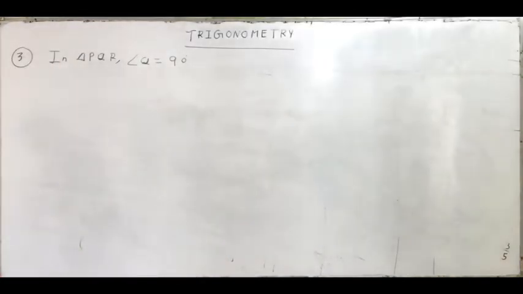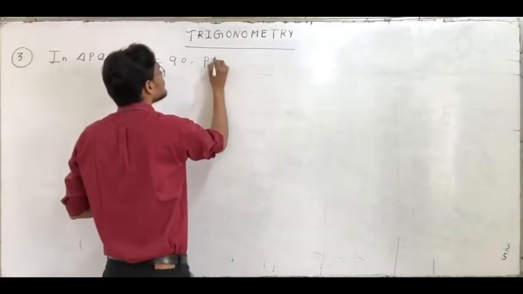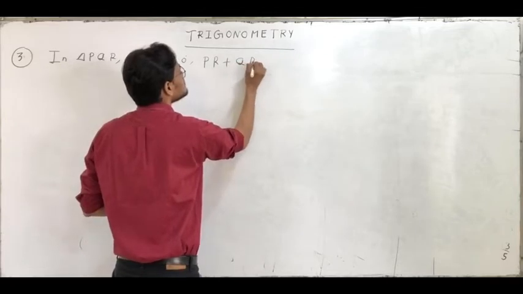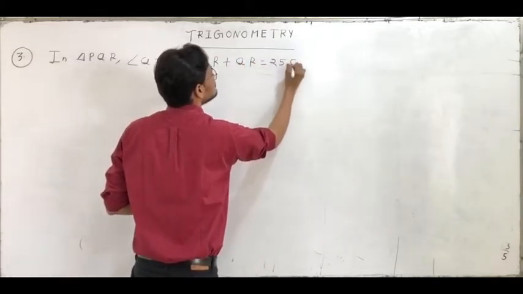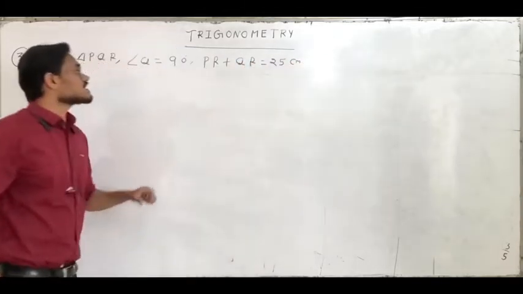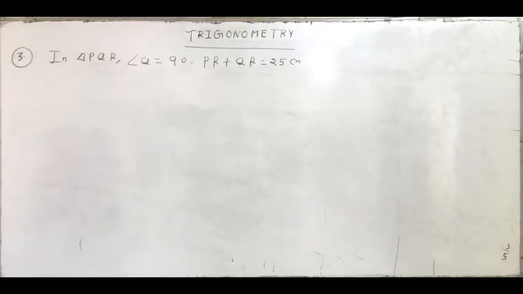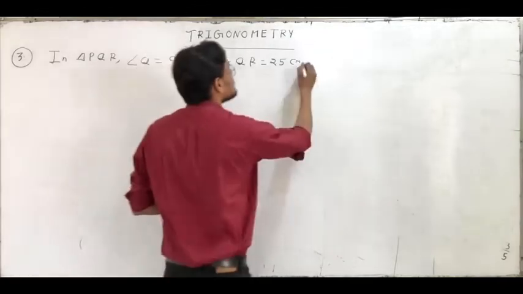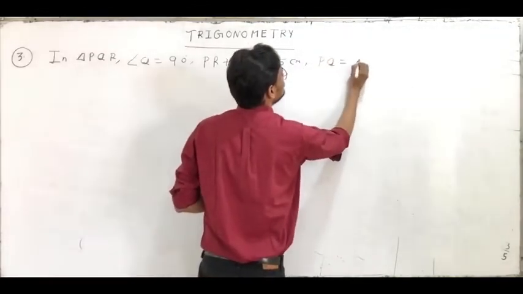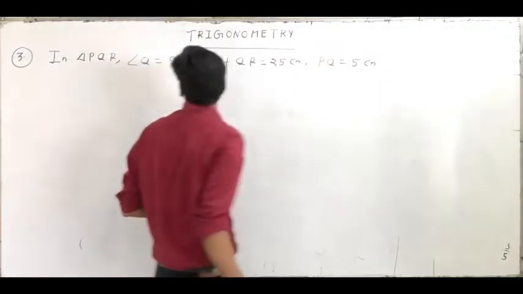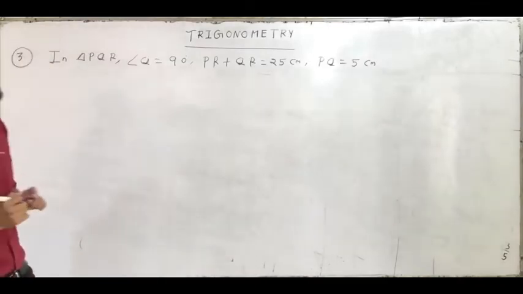Okay, and this time it is given that PR plus QR is 25 centimeters. This time we are given the sum of two sides. Okay, and one more side must be given. Yes, and PQ is 5 centimeters. It's your NCERT question. Okay, important question.